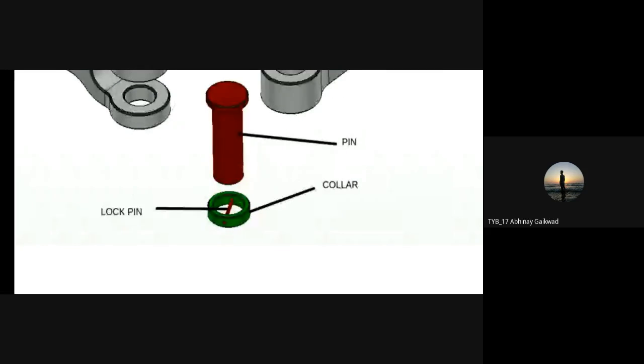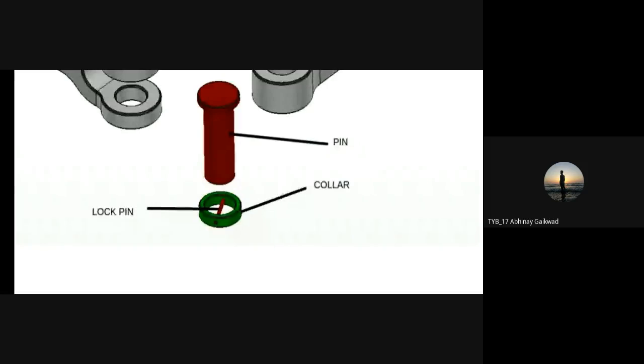It is also called a lock pin. Here you can clearly see in this diagram that the green colored collar has been shown, and in that green collar we can clearly see the lock pin. That lock pin is inserted through the hole provided in the collar as well as the hole provided in the main pin.